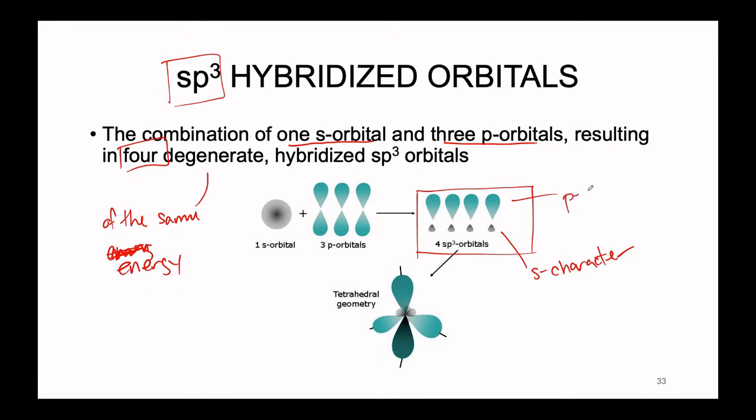So this is the p character. And according to VSEPR theory, these 4 orbitals are going to spread out in 3D space to allow for minimized repulsion and maximize the stability. This means that these 4 orbitals are going to rearrange themselves in a tetrahedral geometry always. This is what gives rise to the tetrahedral geometry in any molecule that has a steric number of 4.